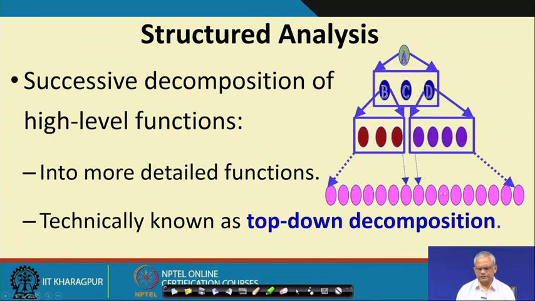This diagram just explains this concept. We will identify the set of functions that are there in the SRS document. If these are the set of functions, for each function we will decompose that into sub functions. How do we decompose that? We will be discussing it.